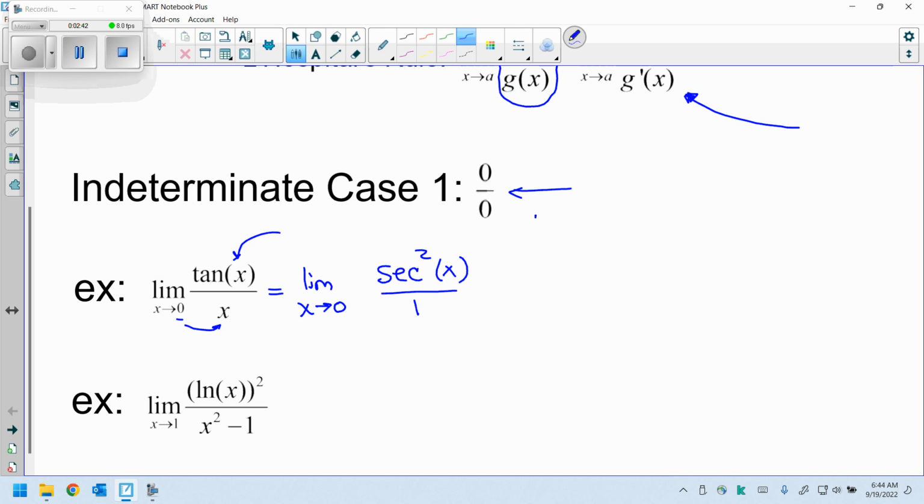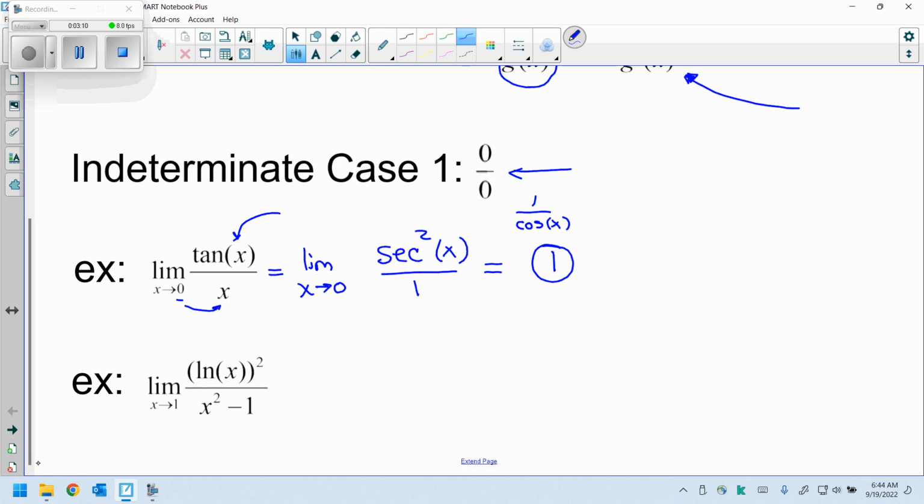Well, secant is 1 over cosine, or reciprocal of cosine. Cosine of 0 is 1, so its reciprocal is 1. 1 squared is 1. We're going to get 1 over 1. And so when we had really close to 0 divided by really close to 0, we couldn't determine what it was. Now, it comes out to be 1.